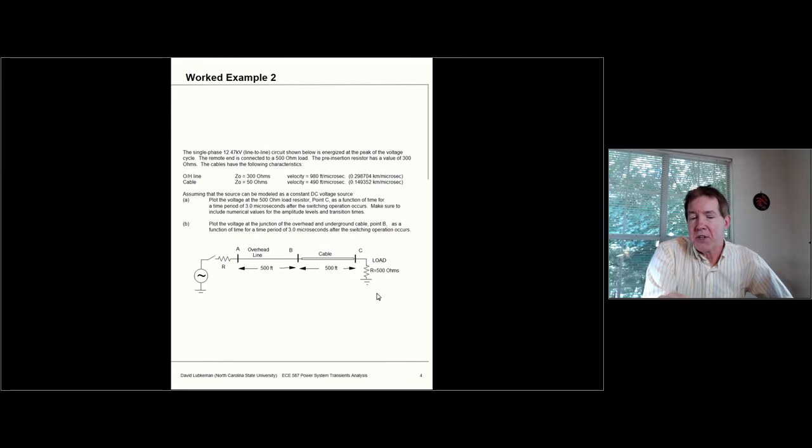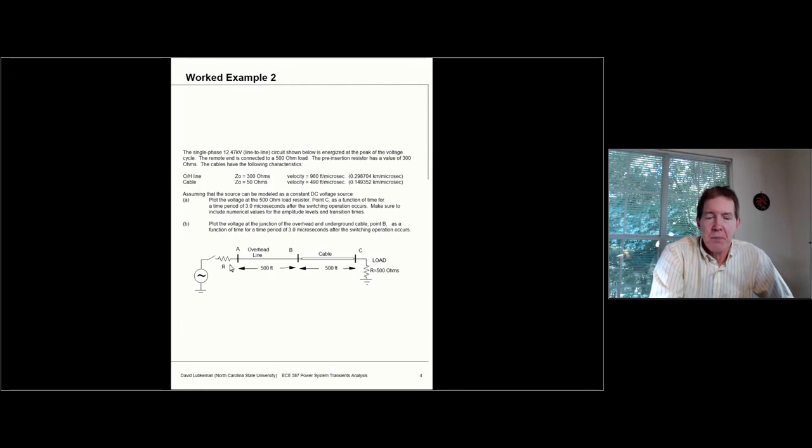So what I can do is put in what's called a pre-insertion resistor, and in this case I have a pre-insertion resistance of 300 ohms. I'm going to take that out after a time, but as far as the initial transits, I'm going to have that in the circuit. Now what's so magic about 300 ohms? Well, if that overhead line impedance is 300 ohms, this gives me a voltage divider: 300 divided by 300 plus 300, or 600.